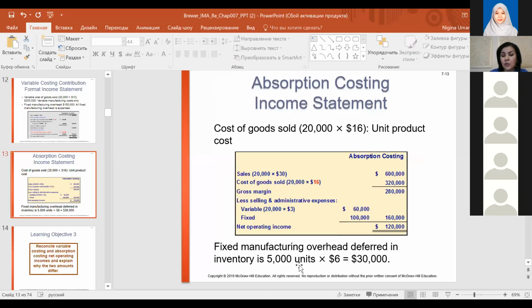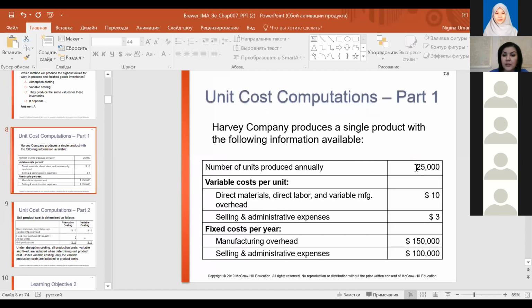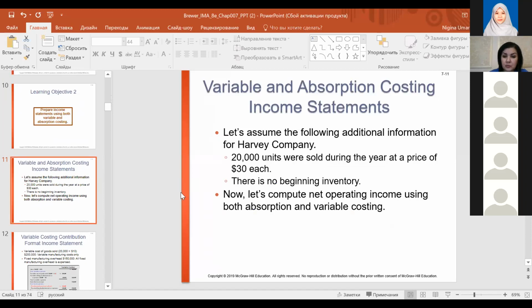How do we know 5,000 units? Let's again recall that the company produces 25,000 units each year, and the company sold 20,000 units. So how many units have been left in inventory? 5,000.